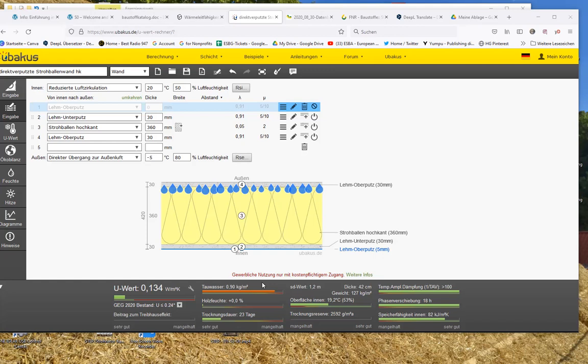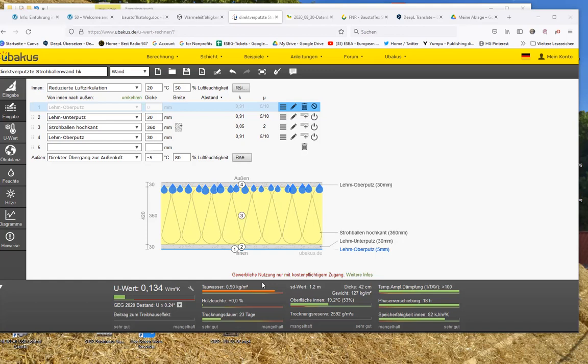This is not taken into account here, so it's almost sure that this water is transported there. It's not so much, almost 0.9 liters per square meter. It's not so small, but it sucks it from the straw and transports it outside in a very short time, and then it can dry out again.